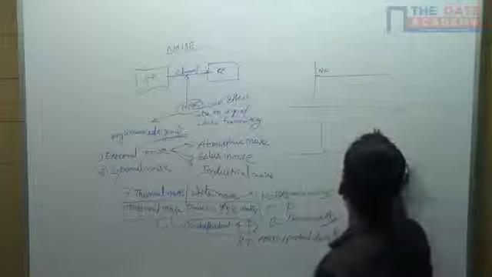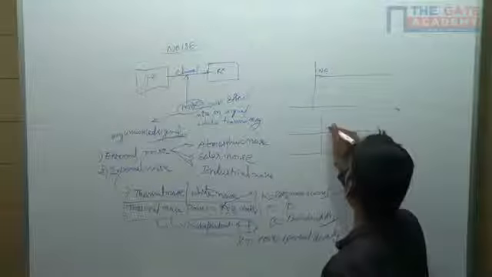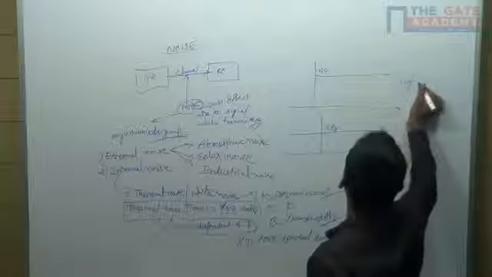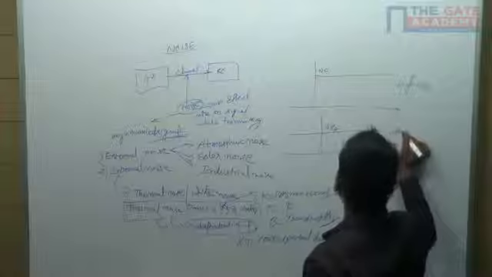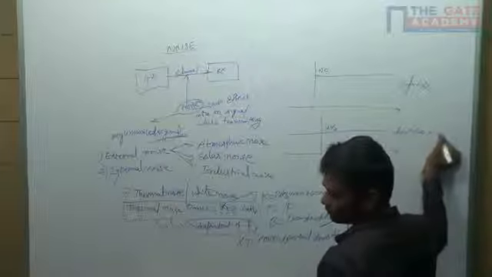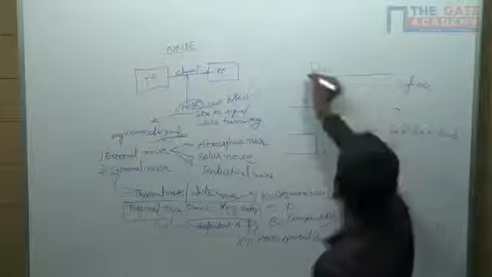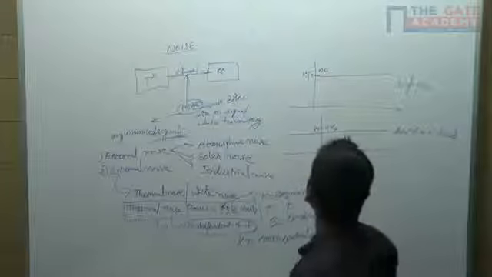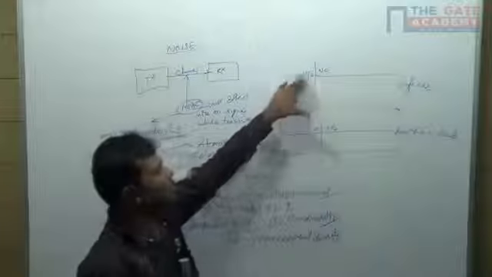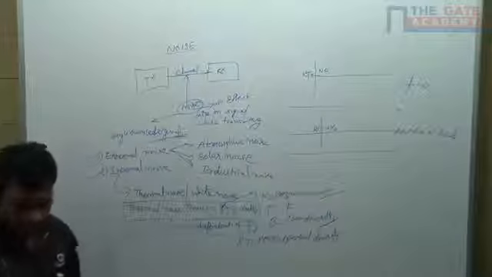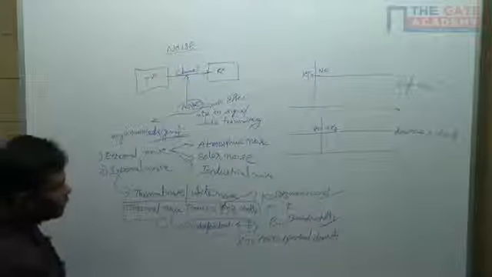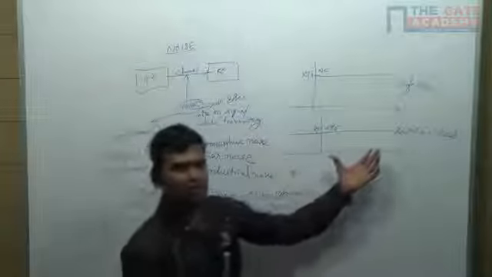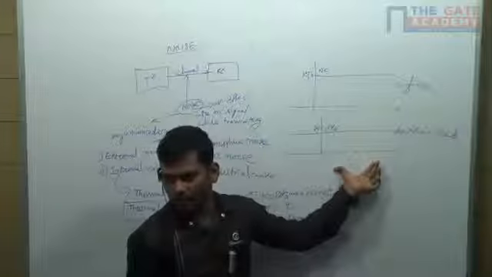If you take the same thing as double sided, then you will get N0 by 2. kT is the power spectral density, and if it is spread on both sides, then we call it double sided.